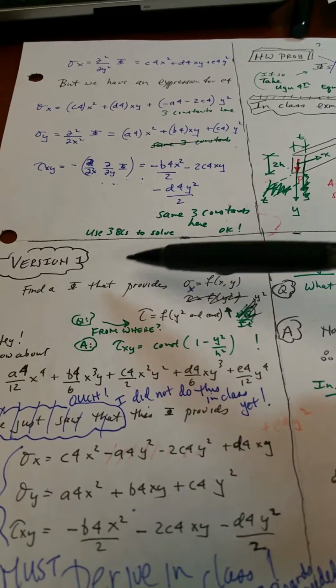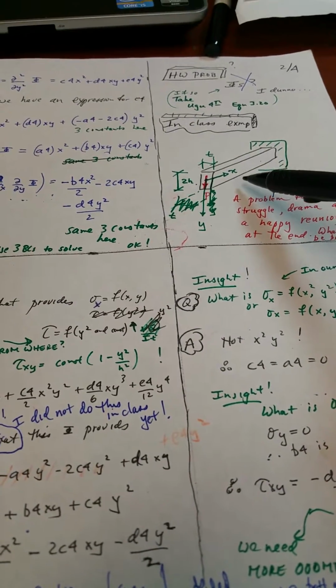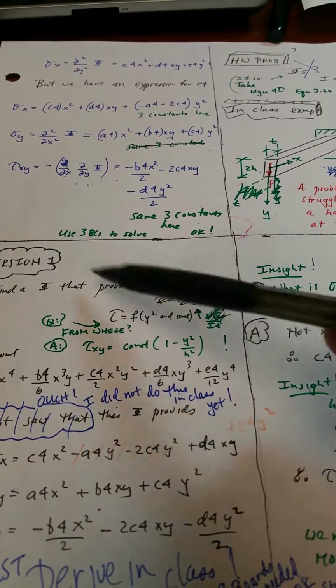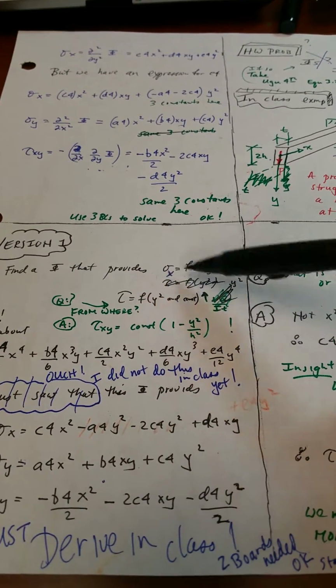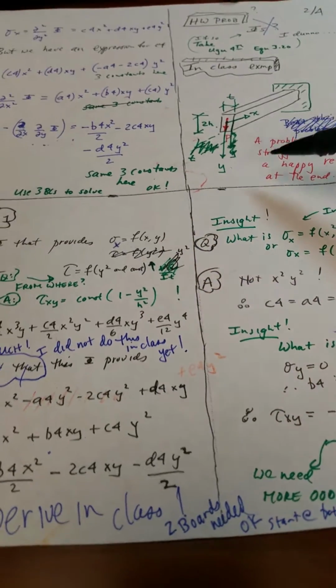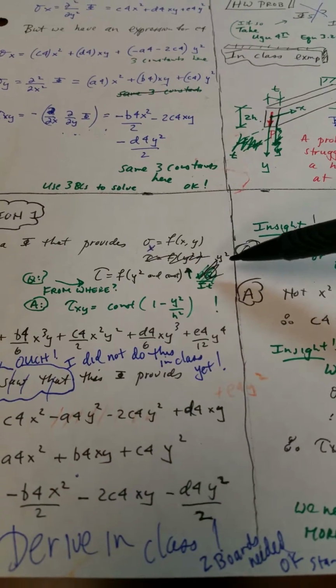So the first thing is to say, well, let's look at this cantilever beam and actually find phi. We haven't done that yet, but we know some behavior of phi. So phi must provide a sigma x that is a function of x and y. So I'd like you to start thinking about that. You could hit the pause button if you'd like.